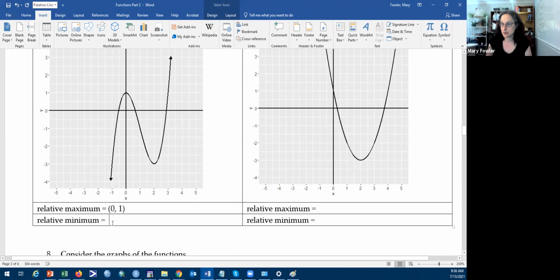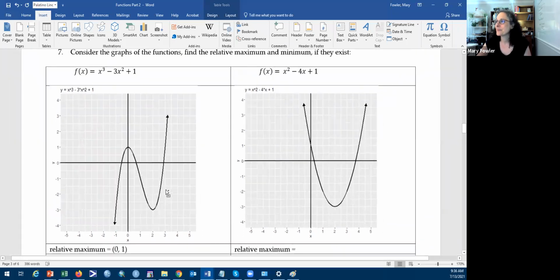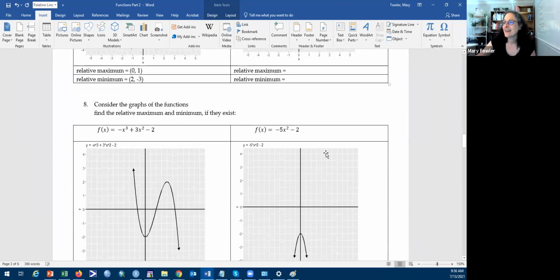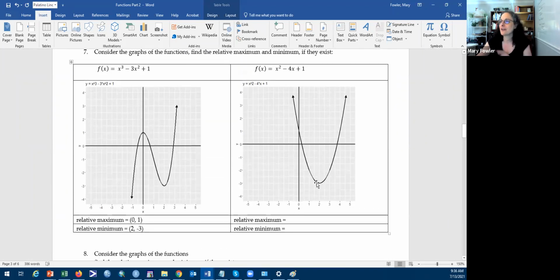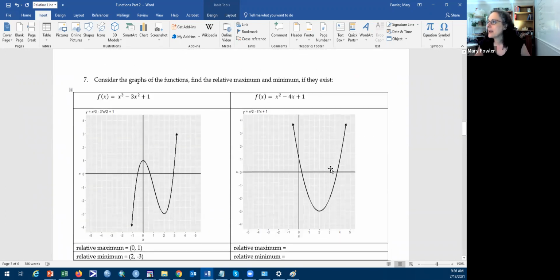So the point where x equals 2 and y equals minus 3 is the relative minimum. And we have one for you guys to do on your own. Actually, I'll do this piece and then you guys have another set below it.